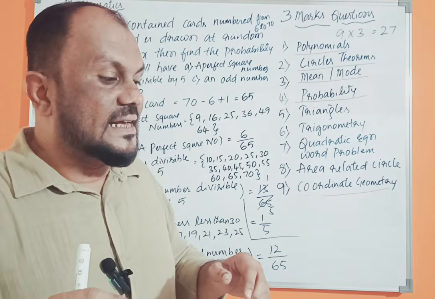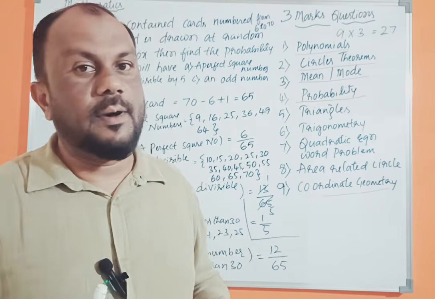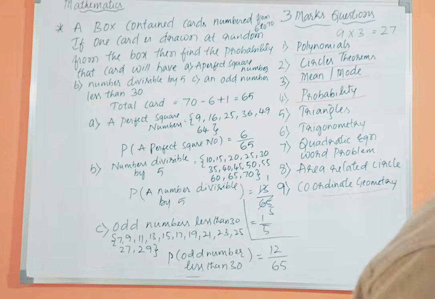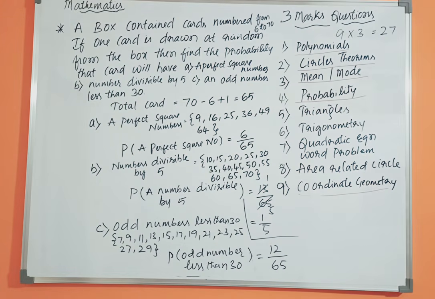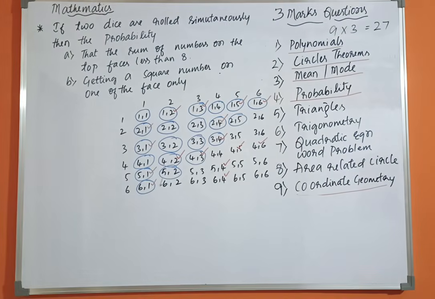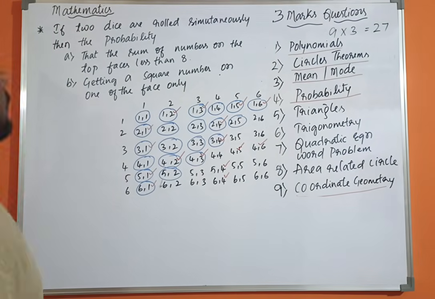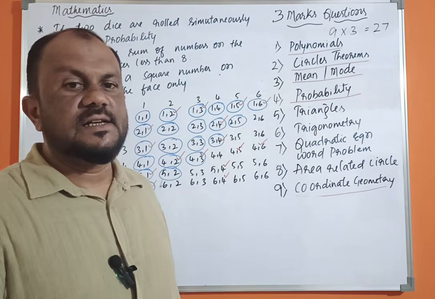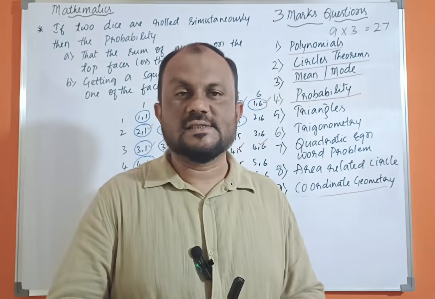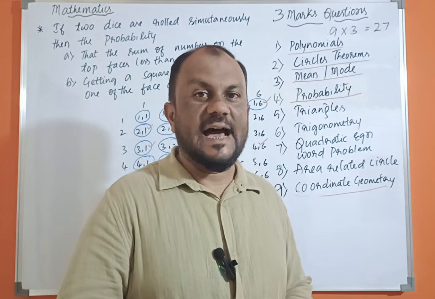Okay. So next we will discuss one more type of probability sum. Let us discuss one more probability sum which is based on dice.